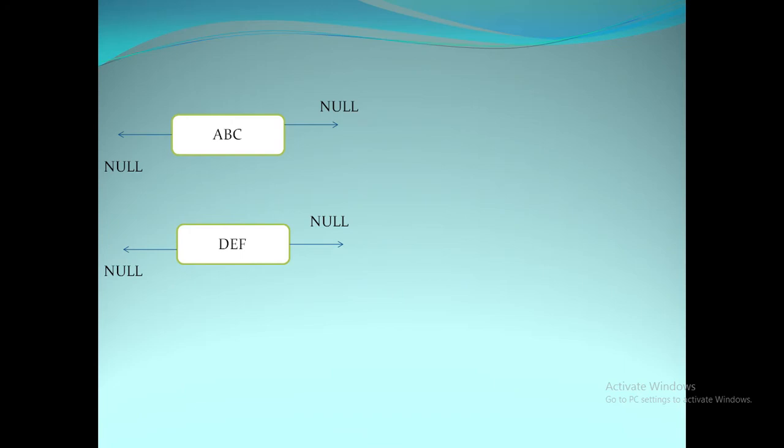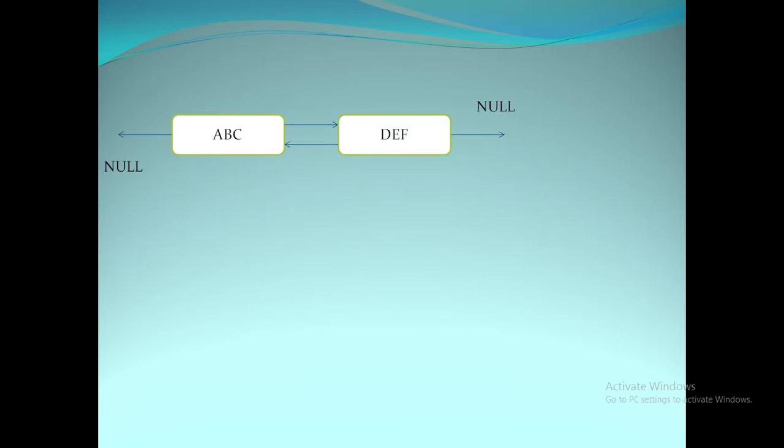Then how will it happen? First, ABC's next pointer, which is null, will be removed and it will point to DEF. So ABC's next is pointing to DEF, and DEF's previous is pointing to ABC. DEF is the last element currently in the list, so DEF's next pointer is pointing to null.